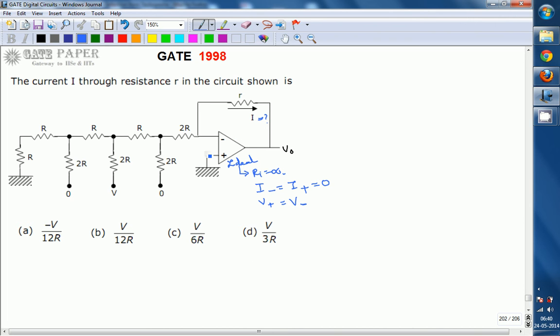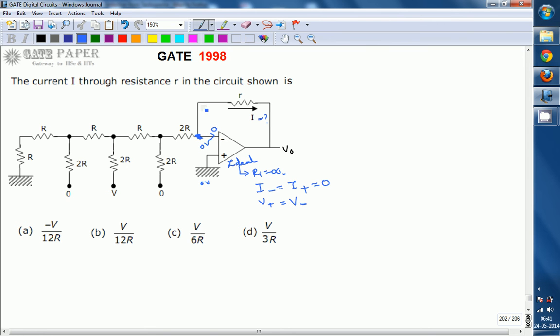Since the voltage at the non-inverting terminal is at ground, ground implies 0 volts. So the voltage at the inverting terminal is also treated as 0 volts. So this node is also treated as 0 volts. Next, the current flowing into the inverting terminal is treated as 0 current.